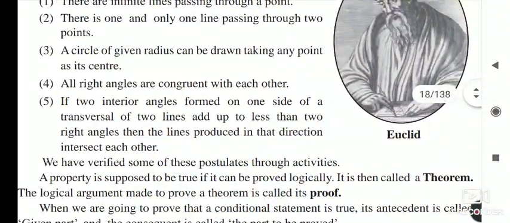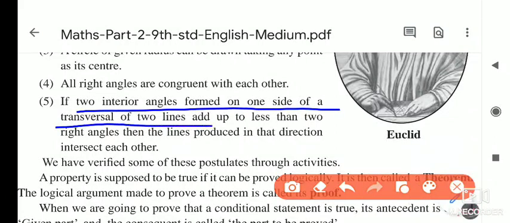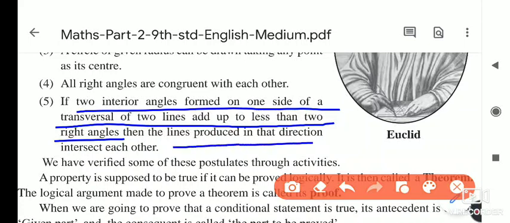Here it is shown that if two interior angles formed on one side of a transversal of two lines add up to less than two right angles, then the lines produced in that direction intersect each other.